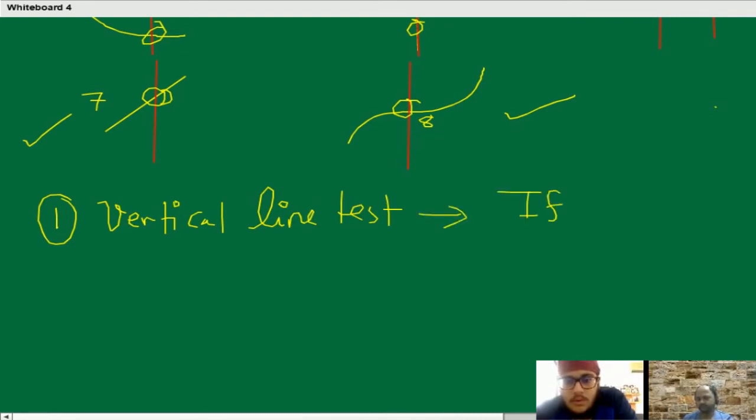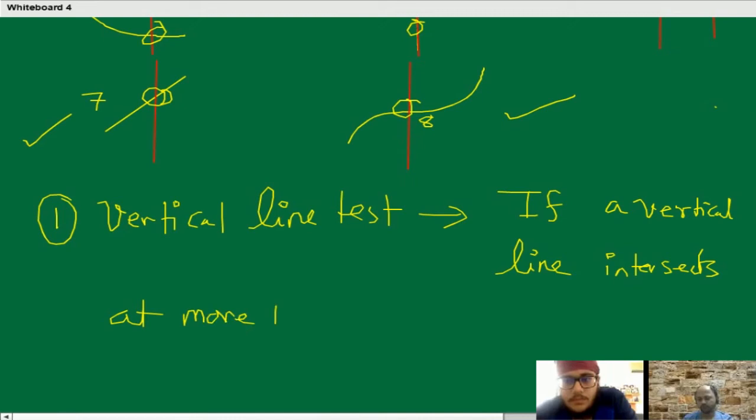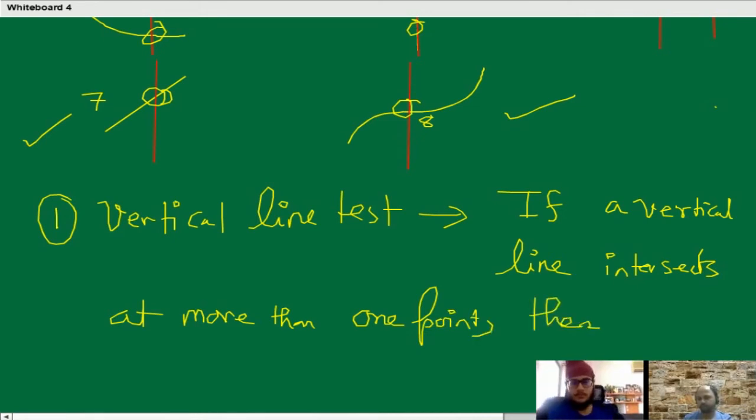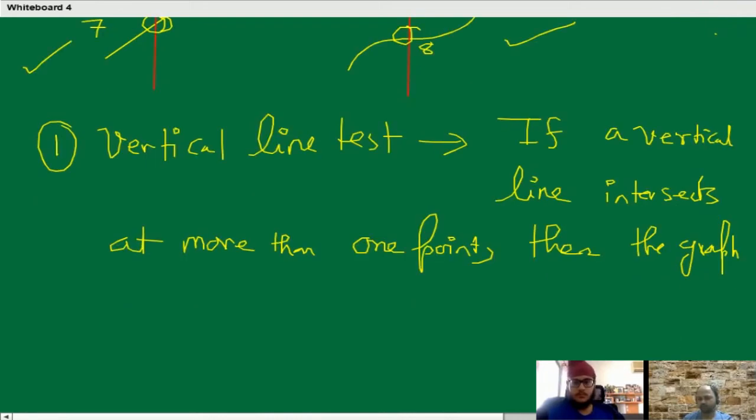If a vertical line intersects at more than one point, then the graph is not a function. Okay, does it make sense?